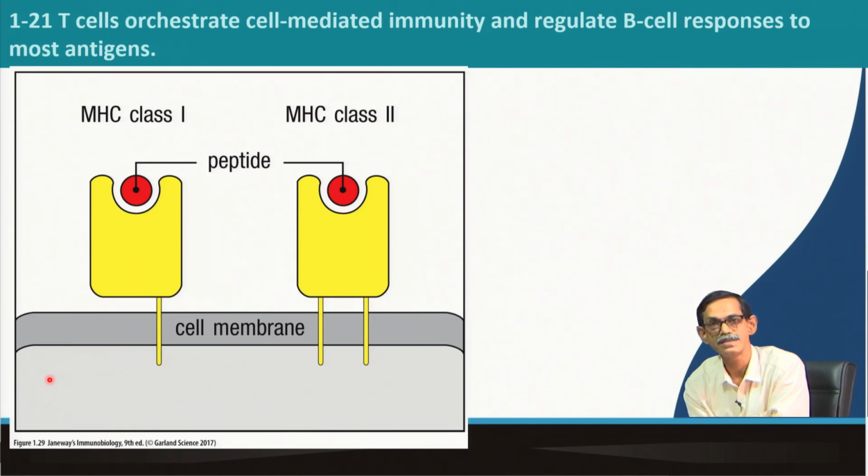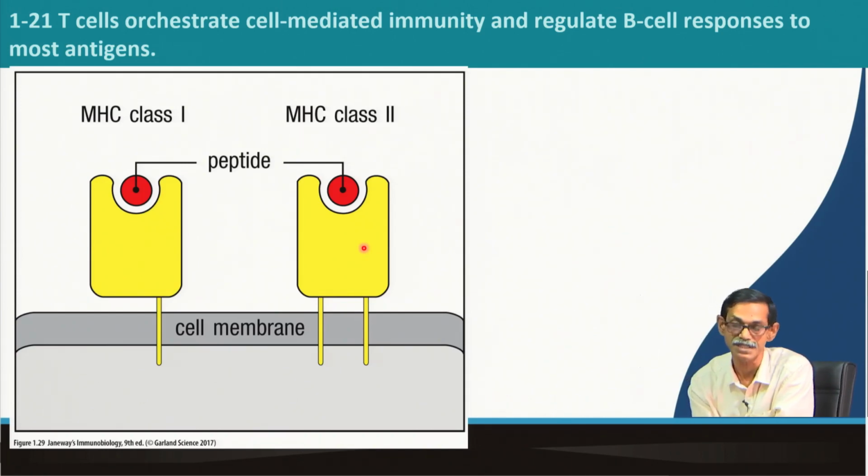The antigen should be presented by either MHC class 1 or MHC class 2 to the T cell receptor. So, the T cell receptor recognizes antigen with MHC together; the complex is recognized. The B cell receptor can recognize the antigen directly, the organism or pathogen directly, but T cell cannot.